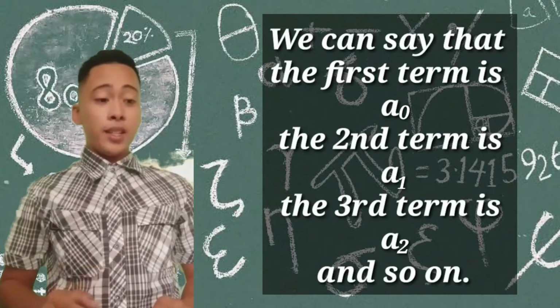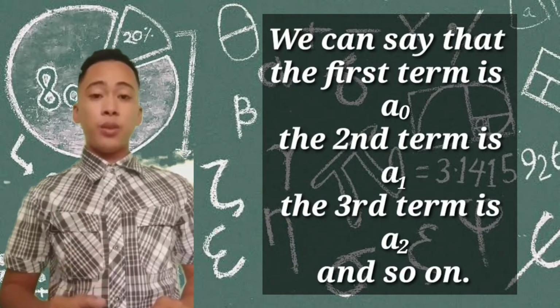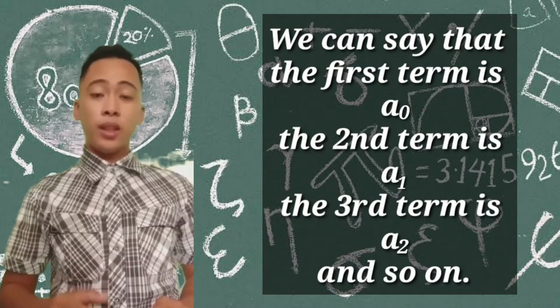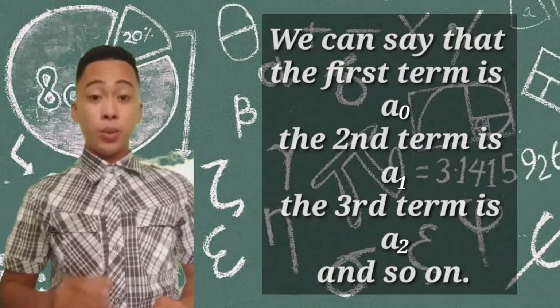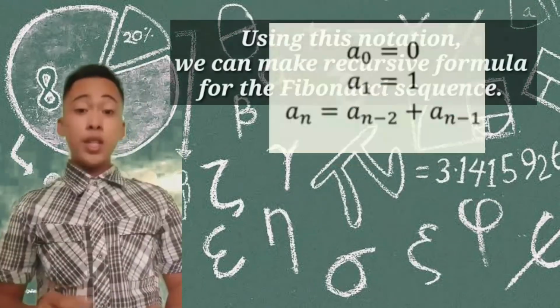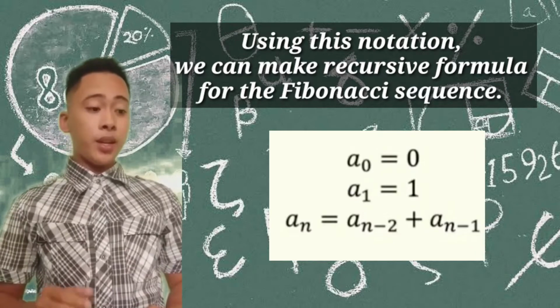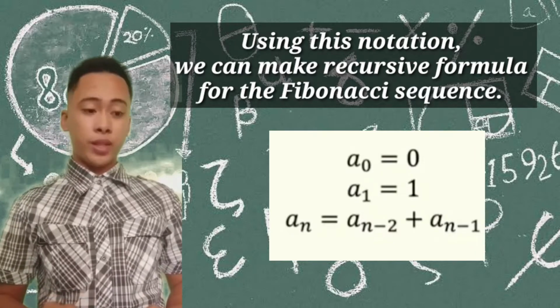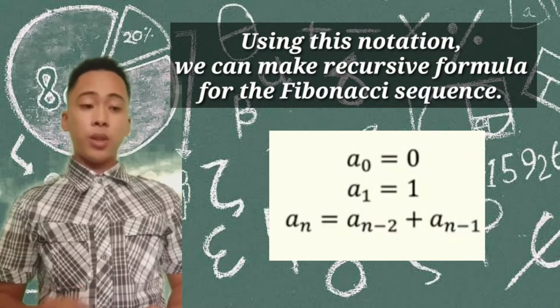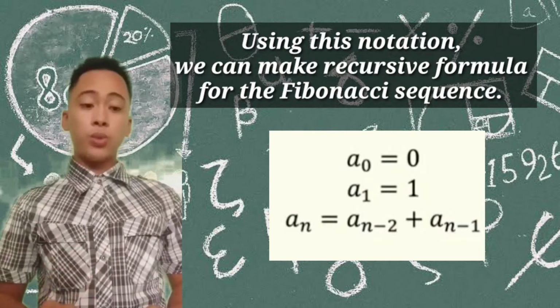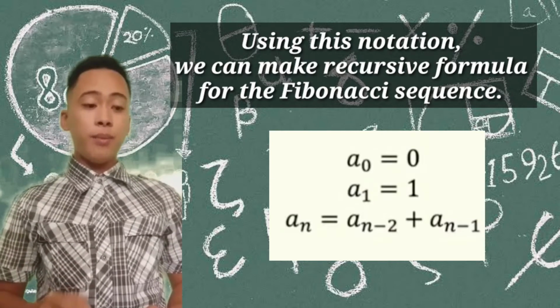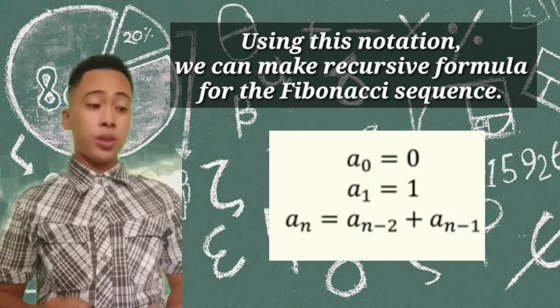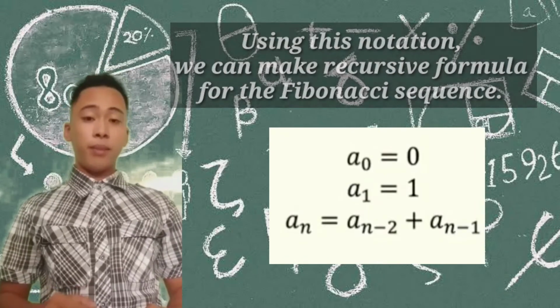We can say that the first term is a sub-0, the second term is a sub-1, and the third term is a sub-2, and so on. Using this notation, we can make a recursive formula for the Fibonacci sequence, where a sub-0 equals 1, a sub-1 equals 1, and a sub-n equals a sub-n minus 2 plus a sub-n minus 1.